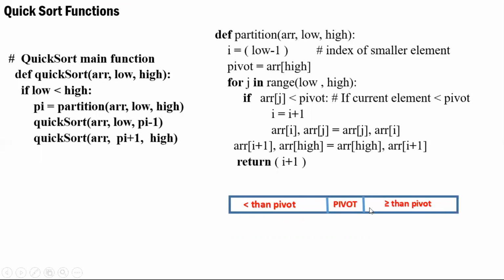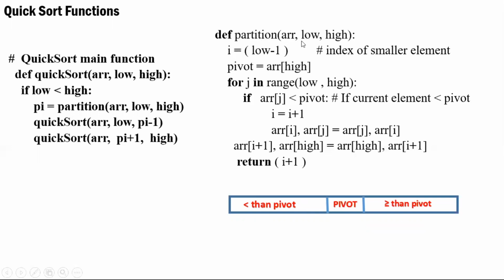We pass pivot index plus 1, and high is the same. So after executing the partition function, the pivot will be here in its proper position, and we return i plus 1, the index of the pivot.